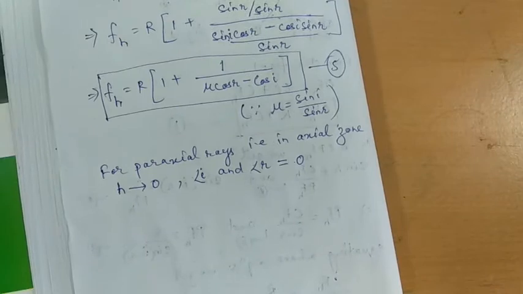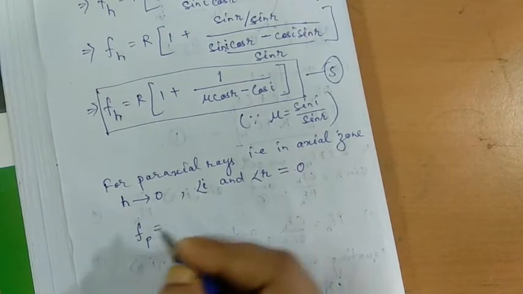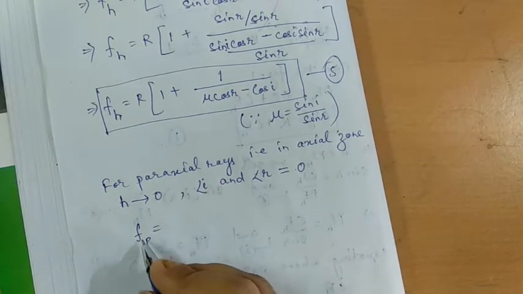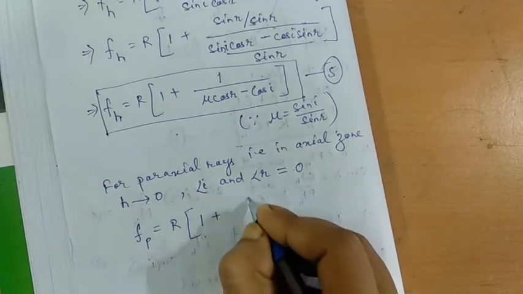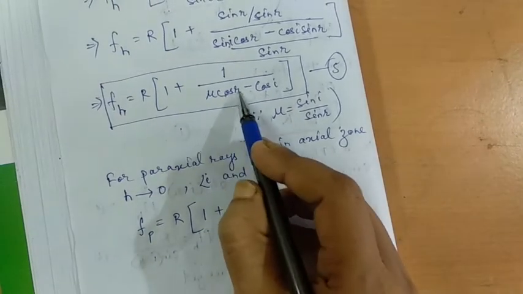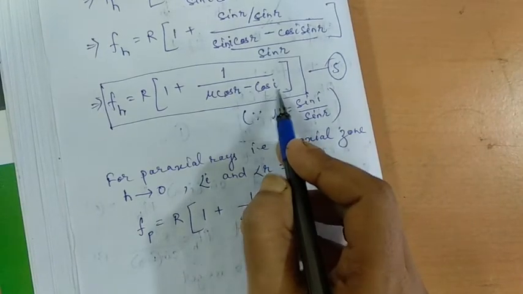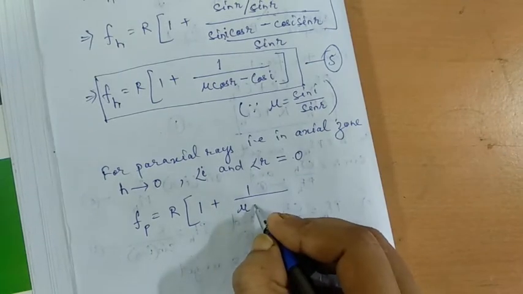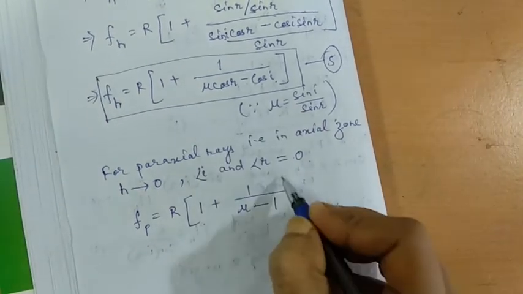So putting these conditions in the above equation, as we are going for the axial zone or paraxial rays, I am denoting this as Fp, equals R into 1 plus 1 by mu cos R minus cos I. Now cos R and cos I values become 1 because R and I are 0. So you get only mu minus 1.